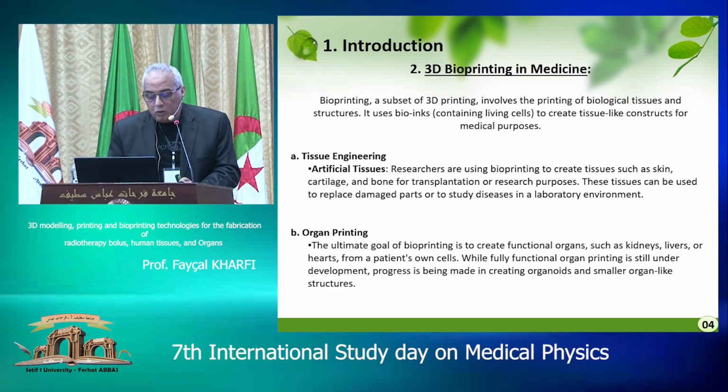Bioprinting can also be used for organ printing. Here, the ultimate goal of bioprinting is to create functional organs such as kidneys, livers, or hearts from a patient's own cells.